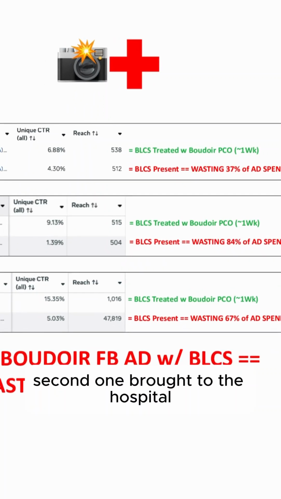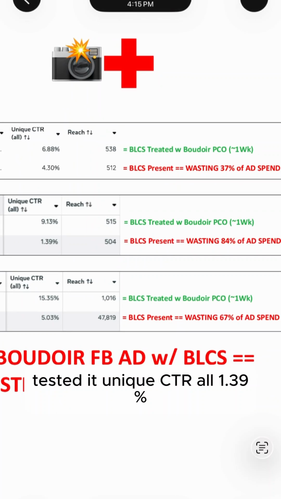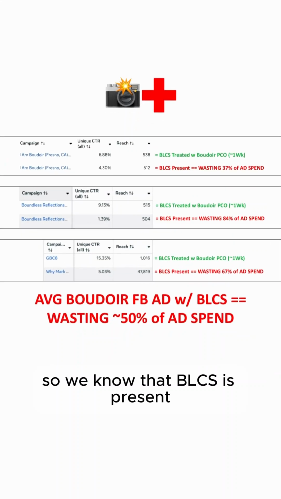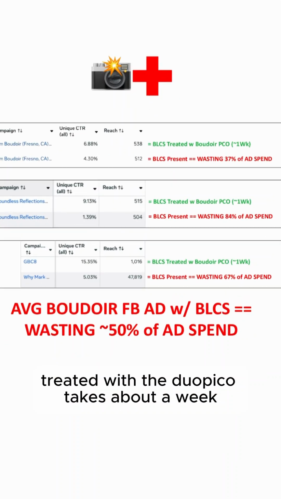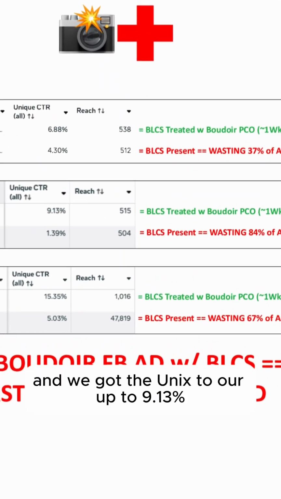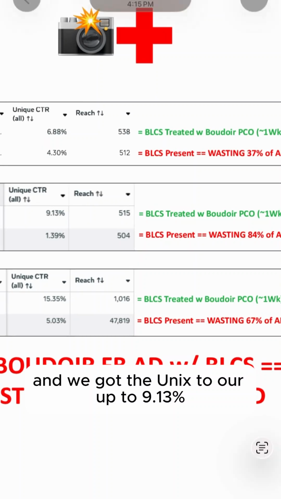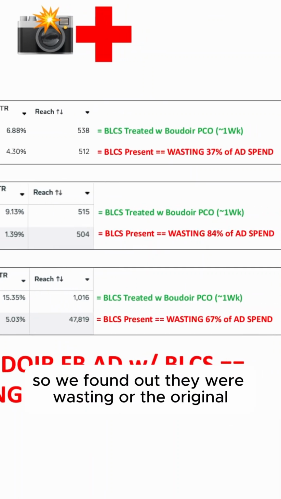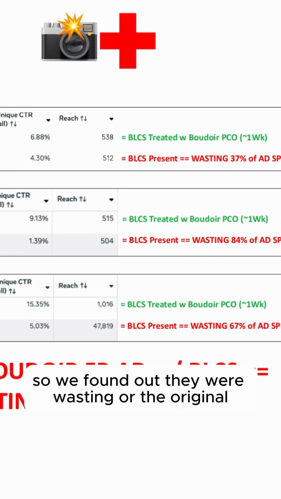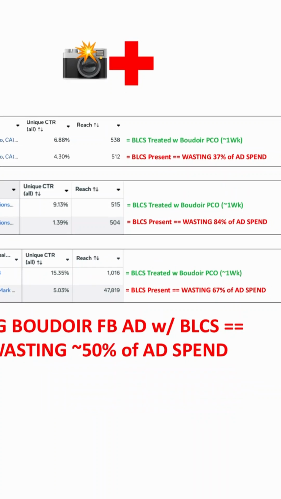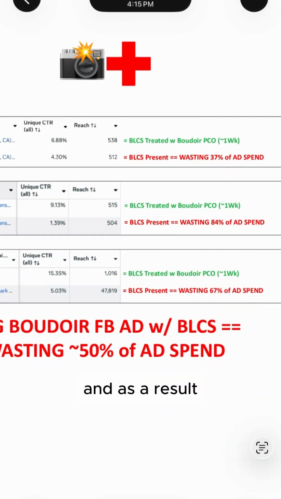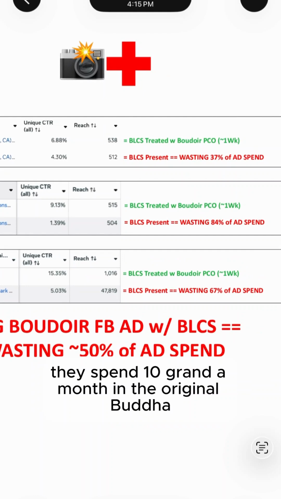Second one, brought it to the hospital, tested it, unique CTR 1.39%. So we know that BLCS is present. We did the same thing, duplicated it, treated it with Boudoir Pico. It takes about a week, and we got the unique CTR up to 9.13%. So we found out the original was wasting 84% of its ad spend. They spend 10 grand a month on the original Boudoir Facebook ad.